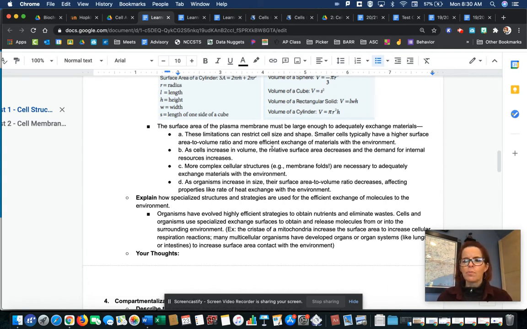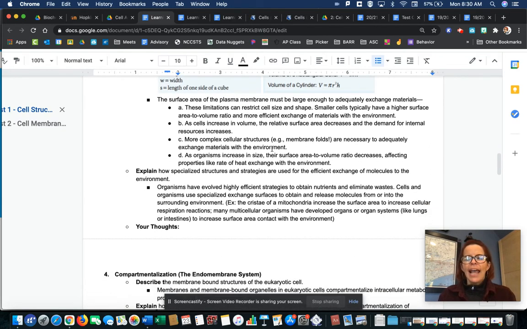All right, so small cells typically have a higher surface area to volume ratio and more efficient exchange with materials in the environment. As cells increase in volume, the relative surface area decreases. So the surface area to volume ratio changes, and the demand for internal resources increases.